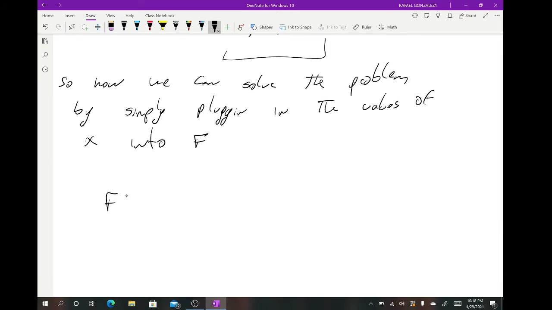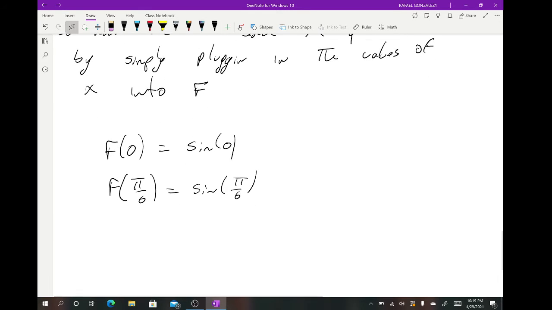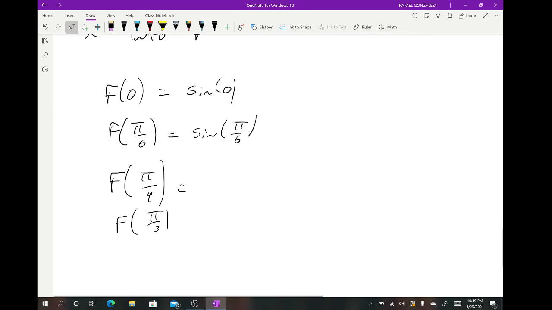Well, we will be doing F of 0, F of pi over 6. This is the same thing as sine of 0. This is the same thing as sine of pi over 6. F of pi over 4 actually was the one that I said, pi over 4, F of pi over 3, and F of pi over 2.